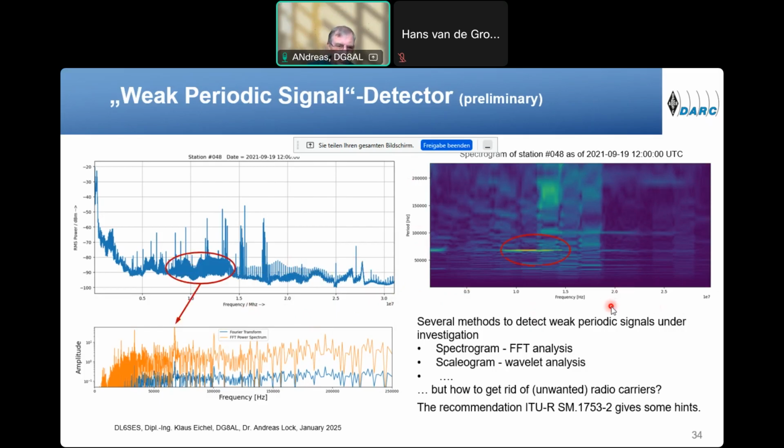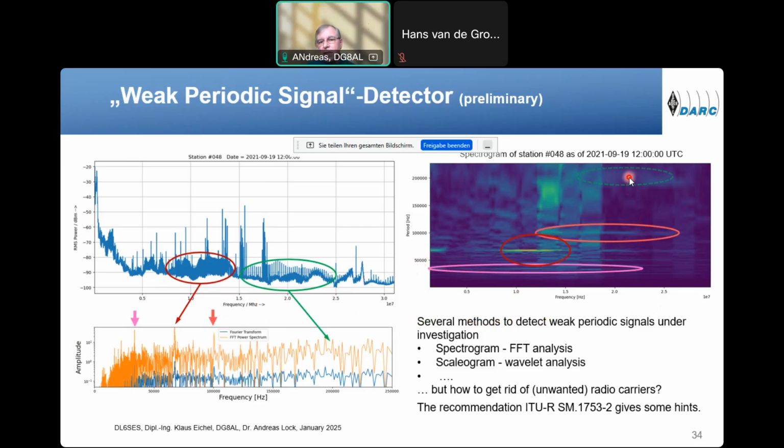If we look at this red marked region, which corresponds to this peak, it shows up in the spectrogram at 75 kilohertz. The next one is not so clearly seen; it's about 200 kilohertz, at higher frequency. If you go further, you can see this area, which corresponds to this peak in the FFT spectrum.